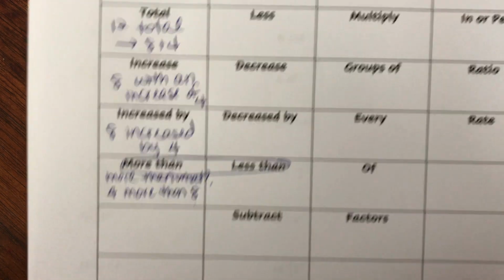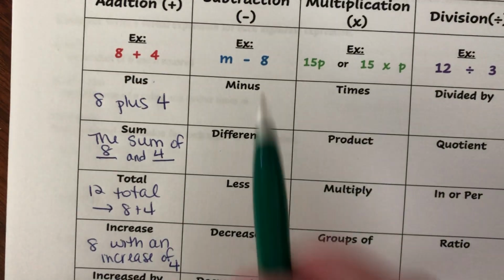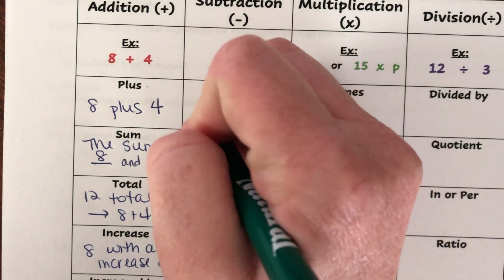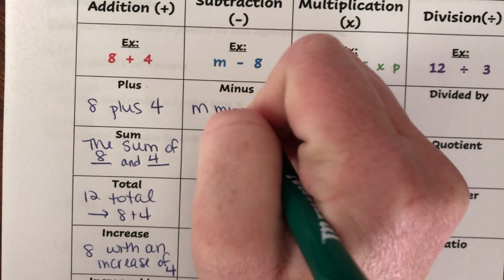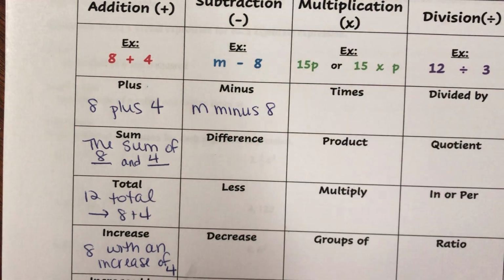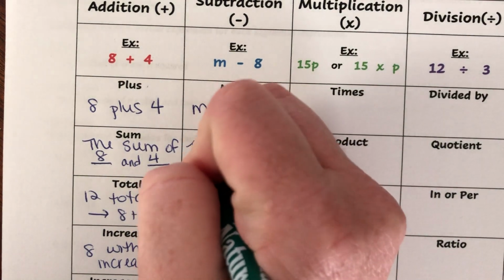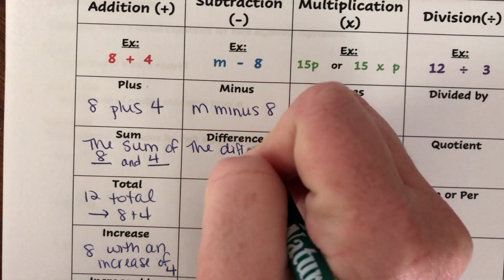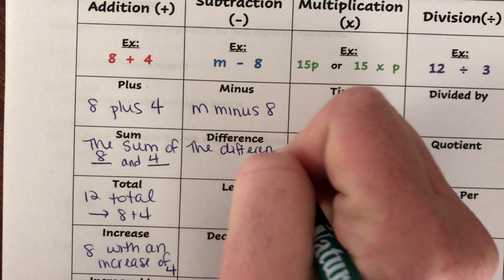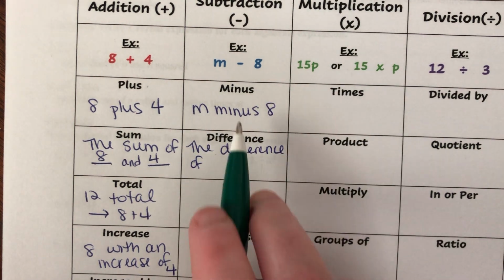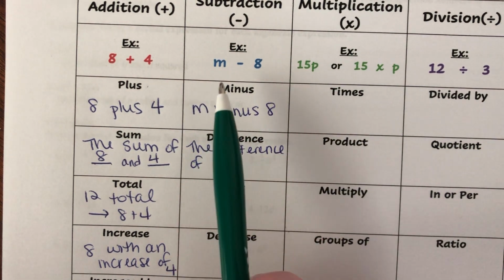Okay, so that's addition. Here's some words for subtraction. I have the variable m minus 8, so I can use the word minus, m minus 8. Difference, I could say the difference of. Whenever I'm talking about difference, subtraction, remember the order matters.